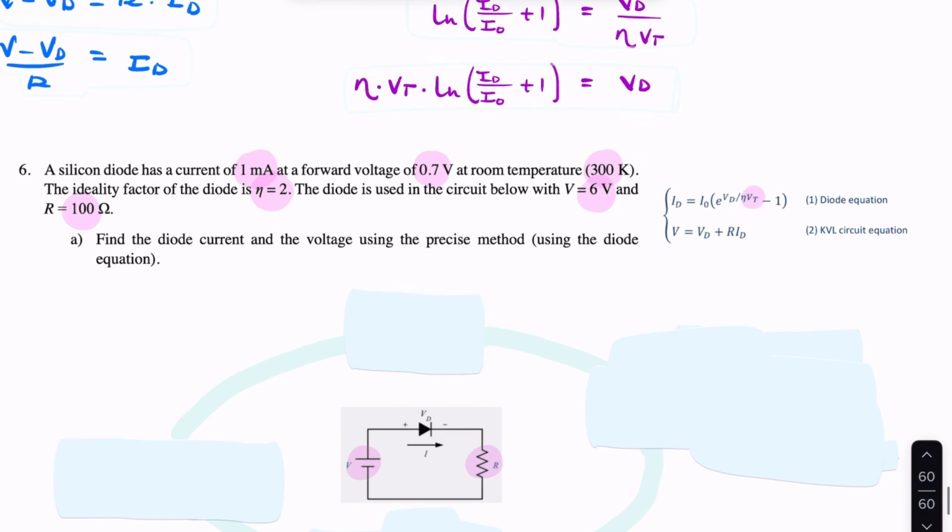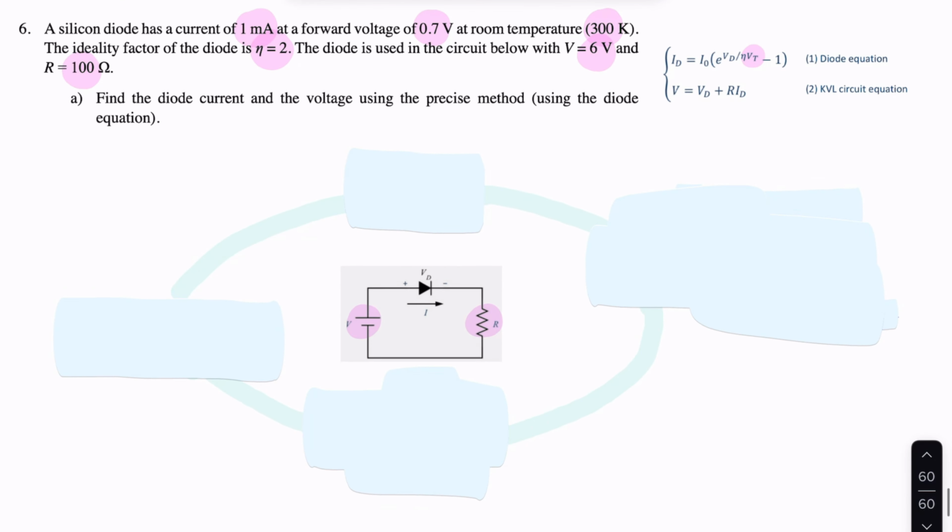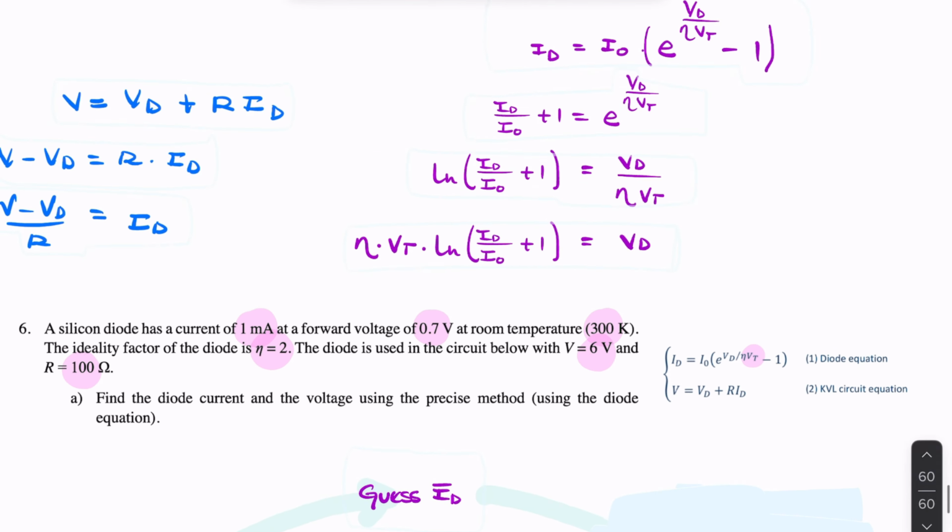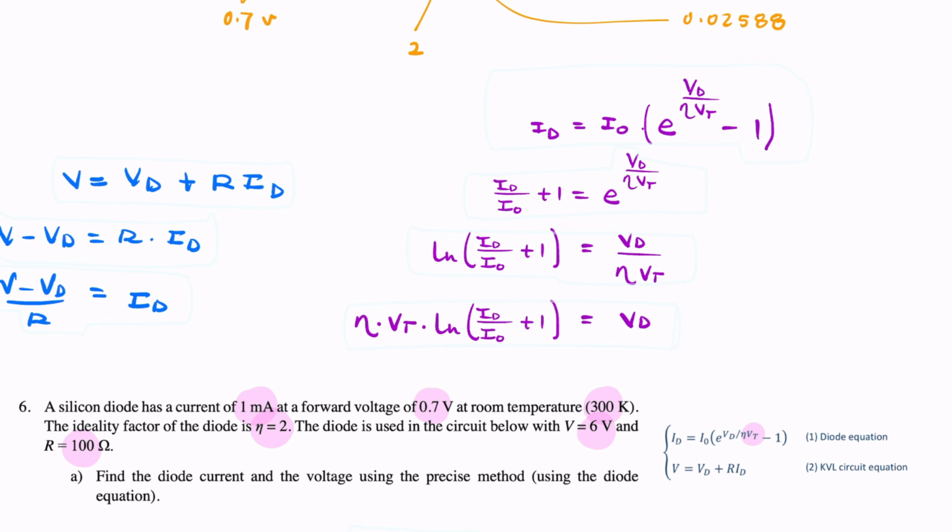So now with all that information, we can start on our process. The first thing we need to do is take a guess for ID. The best guess for ID, I guess, would be by putting 0.7 in there.